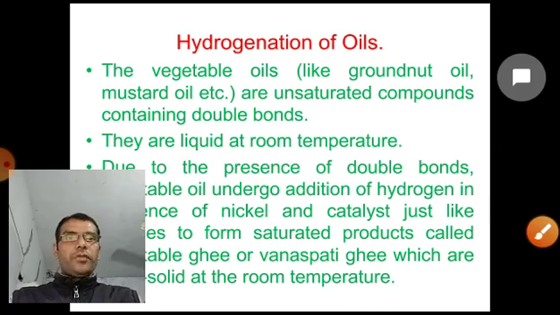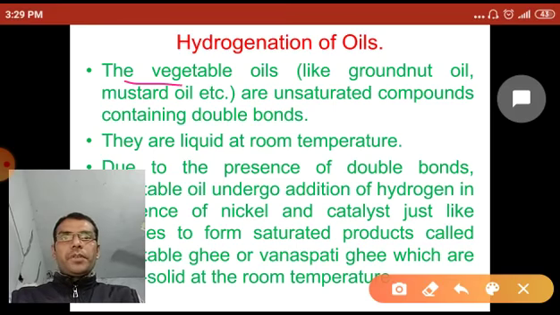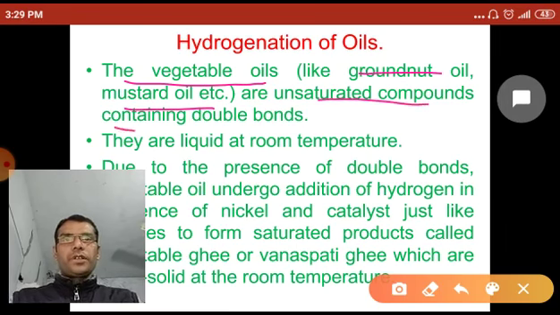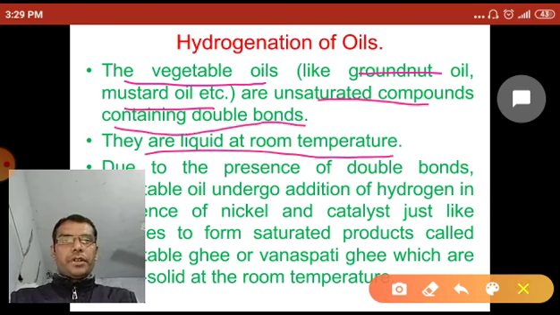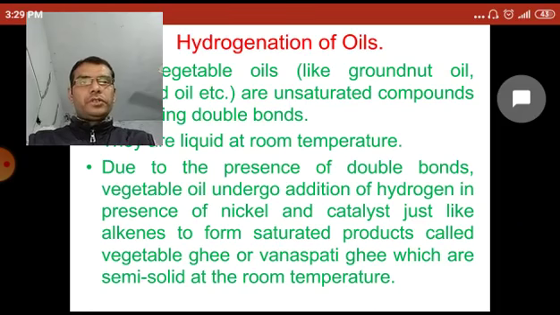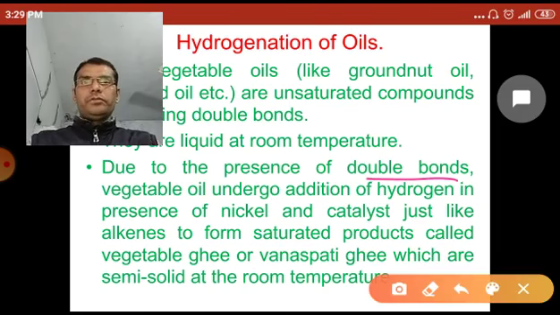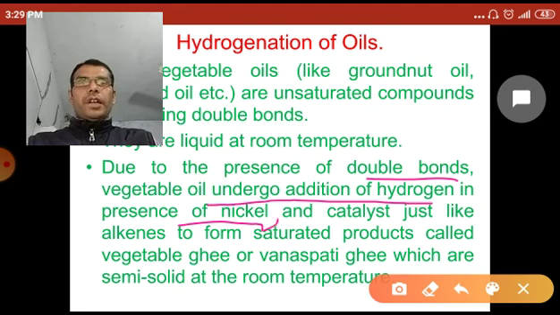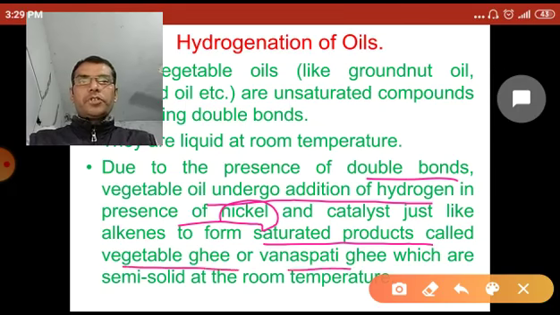Now the hydrogenation of oil. Vegetable oils like coconut oil and mustard oil are unsaturated compounds containing double bonds, and they are liquid at room temperature. Due to the presence of double bonds, vegetable oil undergoes addition of hydrogen in the presence of nickel catalyst, just like the alkenes, to form saturated products called vegetable ghee or vanaspati ghee, which are semi-solid at room temperature.